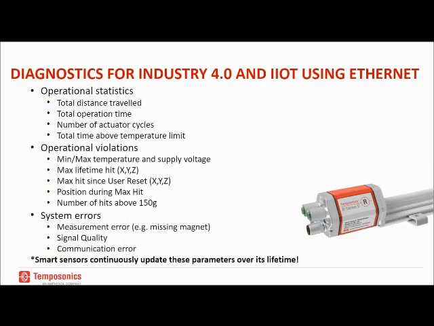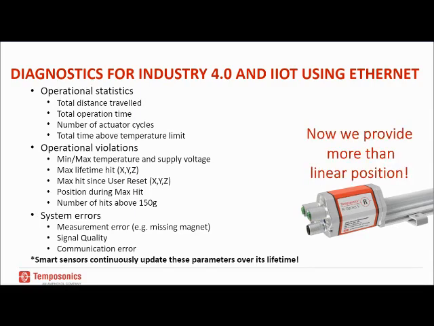Now, as I said, as a company, we are manufacturers of sensors, but we also have smart sensors that are able to not just provide basic position information, but also Industry 4.0 related information. This list that you see here is just a few of the parameters that we are currently able to provide. We can provide operational statistics.